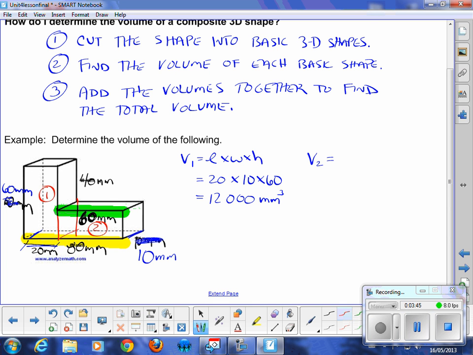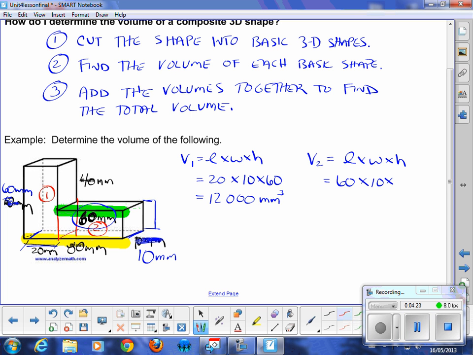Volume 2, that is the other one, the horizontal one here. So again, rectangular prism, length times width times height. So the length here, we talked about it, it's already 60. We know it's 10 millimeters deep. And how tall is it? What is this distance here? Well, is it not given information here somewhere? We've got to figure this out. So we have another problem.